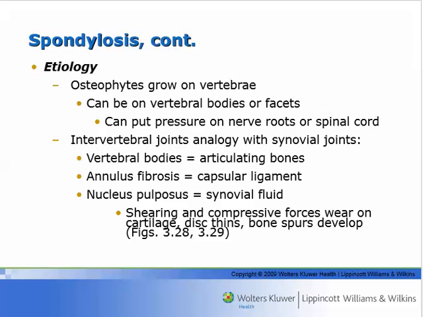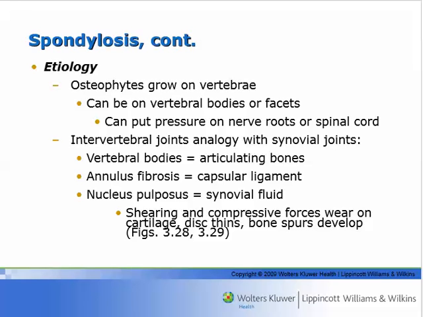It really means condition of the spine. So it's got to do with osteophytic growth and degenerative change on the facet joints or on the vertebral bodies, and it causes pressure on the spinal cord, which would be a stenosis, or nerve roots, and so can cause radiculopathies.